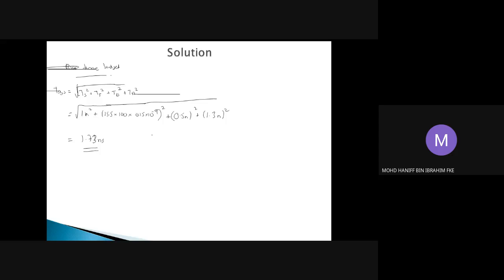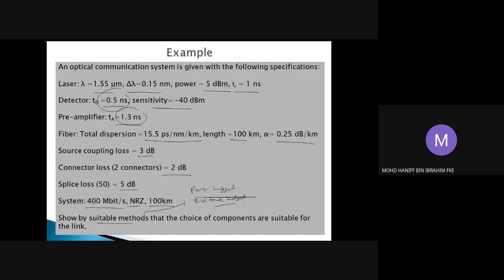So we're going to see whether it meets the system design criteria. How to ensure that these meet the system design criteria? We are given that your system will be based on NRZ and a bit rate of 400 megabits per second.